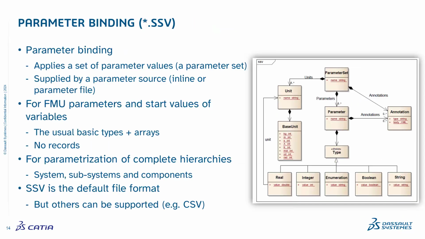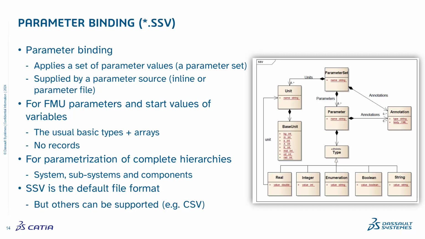The parameter bindings to systems or to components apply a set of parameter values to a component. The binding can define parameters that are either inline or with a reference to an external SSV file. So for an FMU, for example, you have the ability to set start values, parameters, and so on.